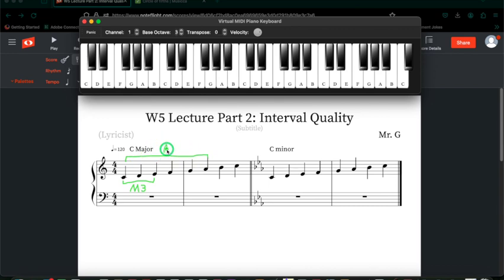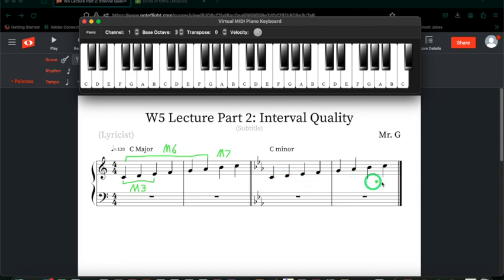Include a capital M and a number 6. You can do the same thing with the 7th. B is 1, 2, 3, 4, 5, 6, 7 away from C. Because B is diatonic to C major, that is the distance of a major 7. And I'm sure you figured out the pattern by now.